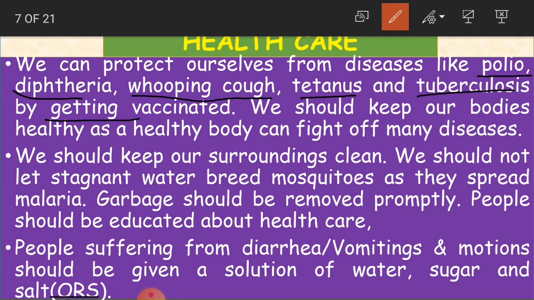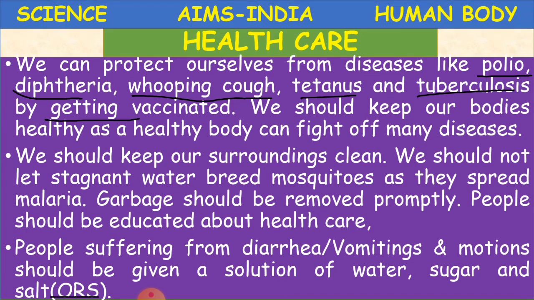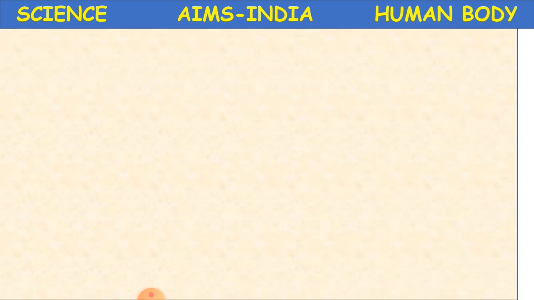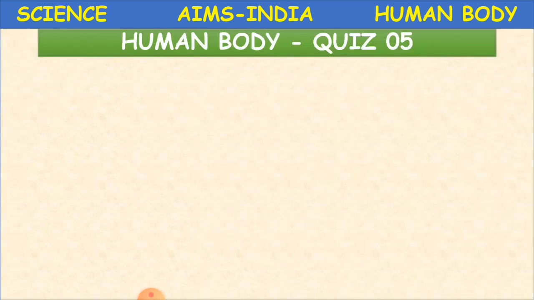So you might have heard about this. Yes. Now until now what we have learned, children, about diseases is that we'll be having two types of diseases. Because of that, we have to take care so that our body is not affected with any type of disease.